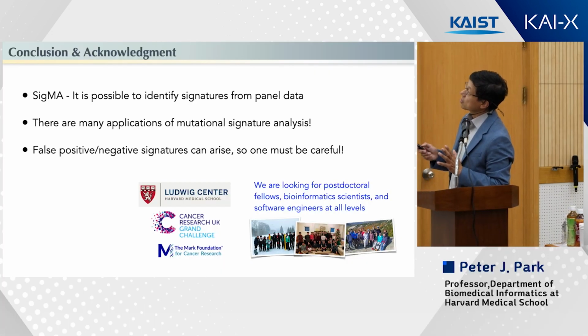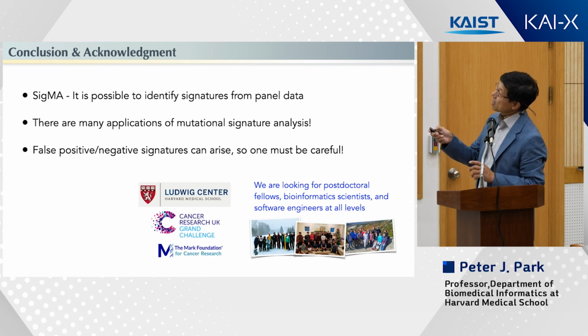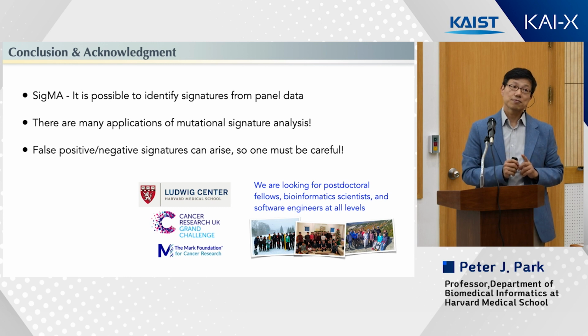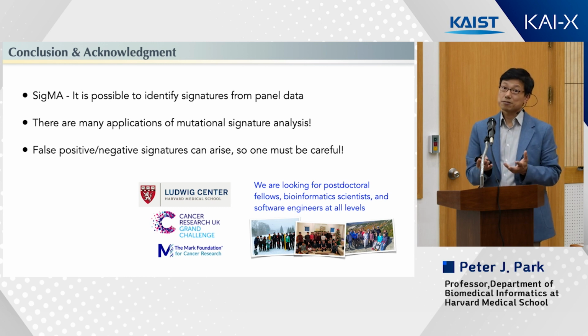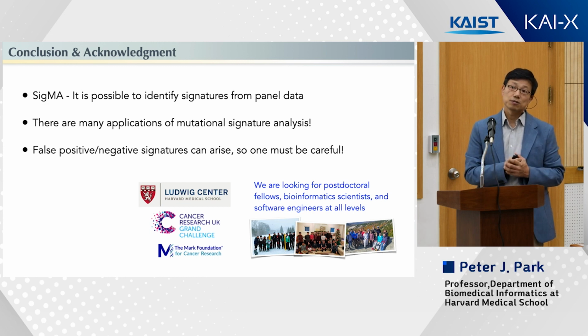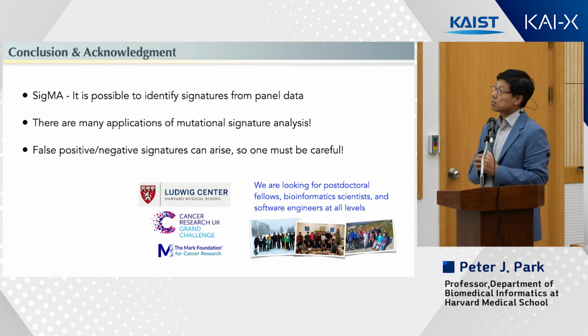I'll just end here and take questions. So the point again is that mutational signatures is pretty useful, and that if you identify an interesting problem like the one we did for panel data, it gives us a chance to think of a new way to reframe the question so that we can actually do something useful.